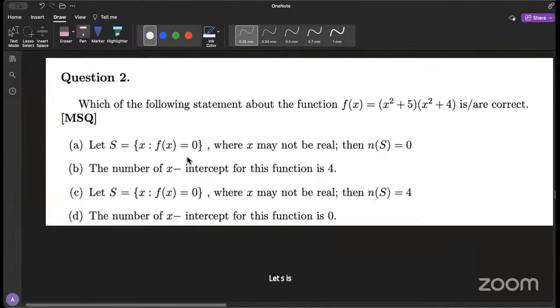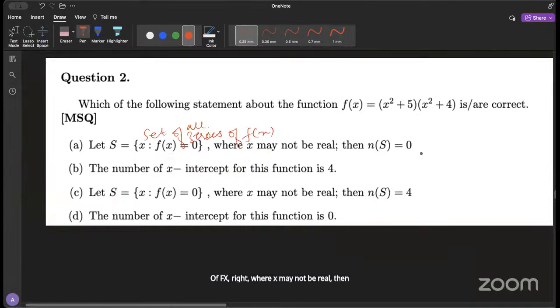Let S be the set of points. So what is this? This is the set of zeros, not real zeros. This is the set of all zeros, including the complex ones, of f(x), where x may not be real.